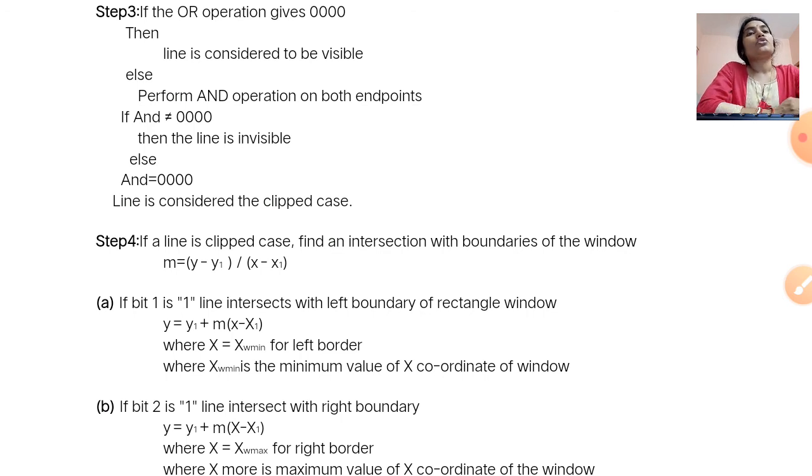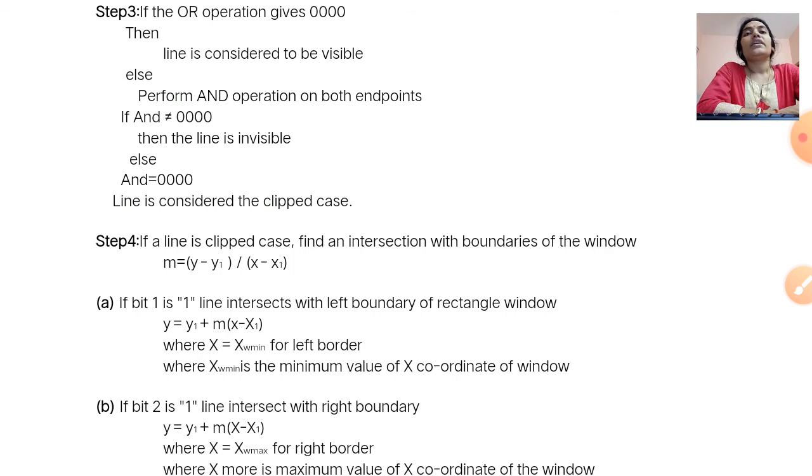To find it, we first find the slope of the line. The slope of the line is m. The formula of m is: m equals y minus y1 by x minus x1. It is your m, the slope of the line.